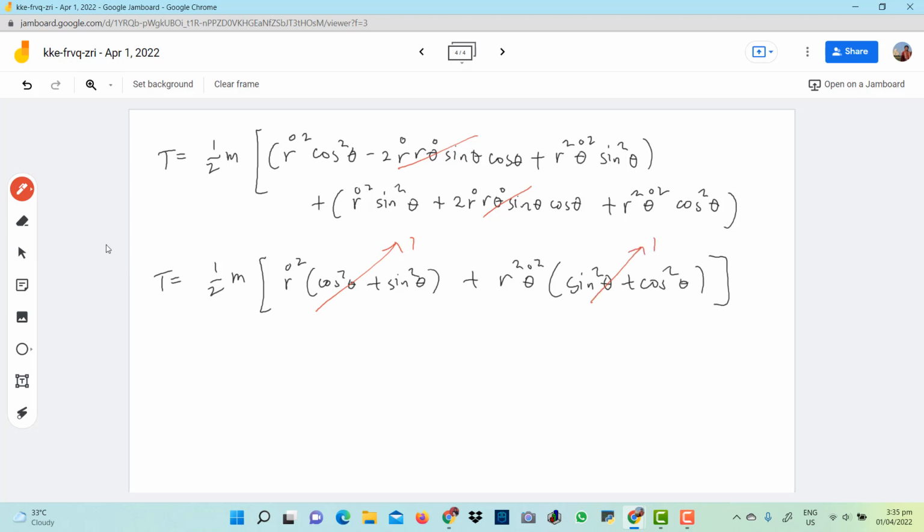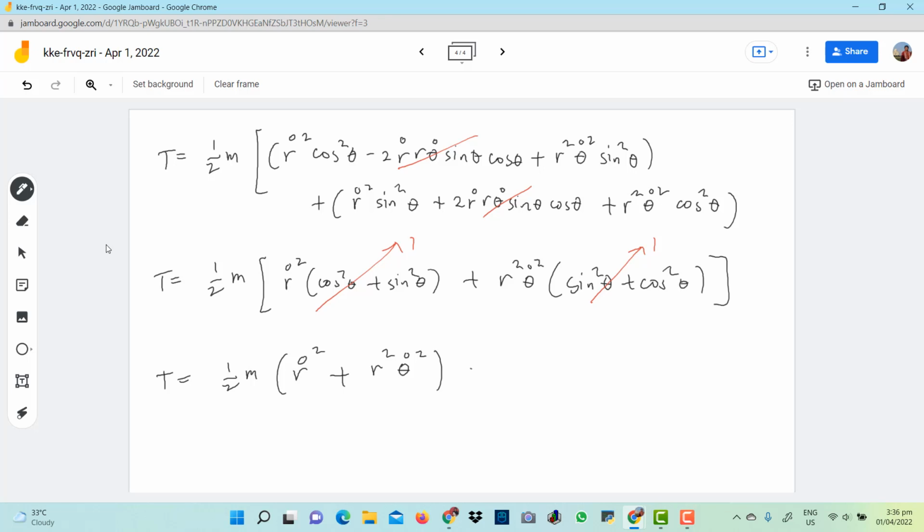This one is equal to 1, and this one is equal to 1. So going from Cartesian coordinates to plane polar, we get the kinetic energy equal to 1/2 m times r dot squared plus r squared theta dot squared.